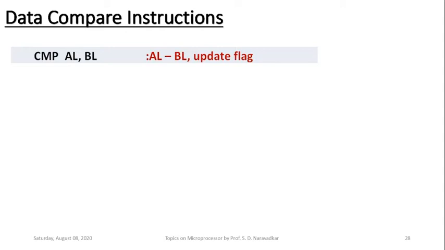But in case of subtract AL, BL, AL minus BL will be performed and then the result is copied to destination register AL. But here in case of compare operation, that result is nowhere copied, only flags will be updated as per the result content. So you can observe, compare AL, BL, AL minus BL is performed, but result is nowhere copied, only flag bits are updated.